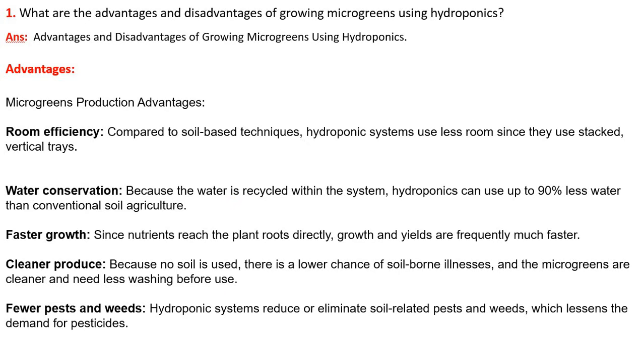Faster growth: since nutrients reach the plant roots directly, growth and yields are frequently much faster. Cleaner produce: because no soil is used, there is a lower chance of soil-borne illnesses and the microgreens are cleaner and need less washing before use. Fewer pests and weeds: hydroponic systems reduce or eliminate soil-related pests and weeds, which lessens the demand for pesticides.